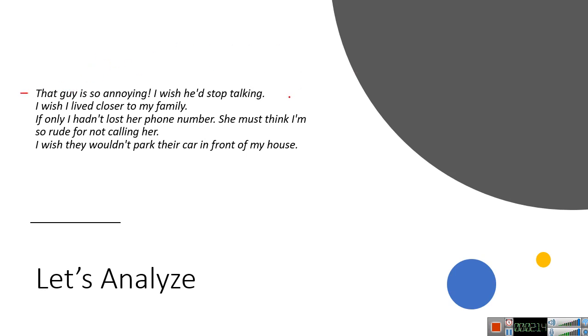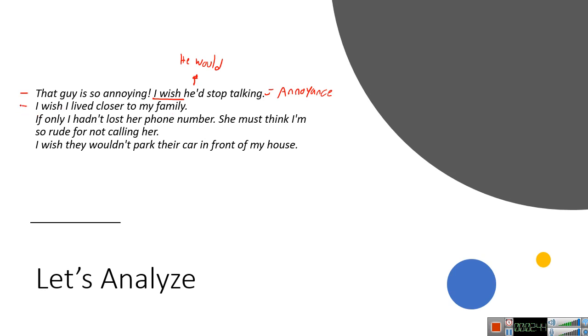I wish he'd stop talking. So in this sentence, we have someone that wishes someone would stop being annoying. I use I wish. That's a desire of annoyance, because he'd is the contraction of he would. So I wish he would stop talking. And that is called an annoyance.